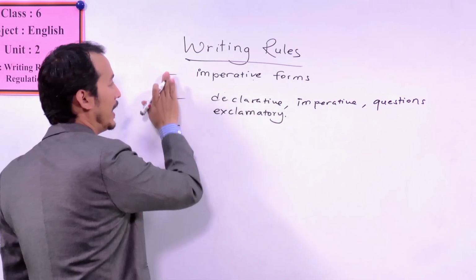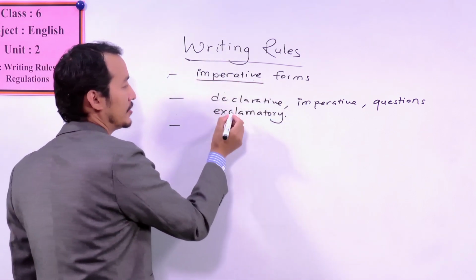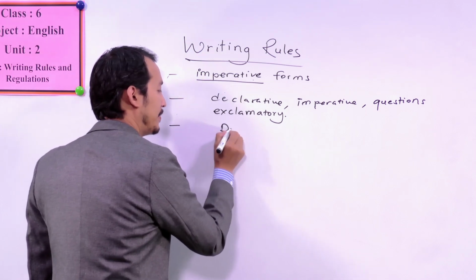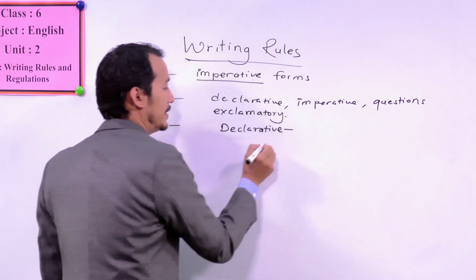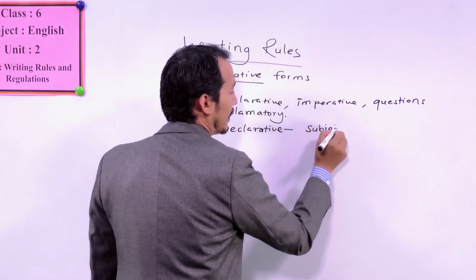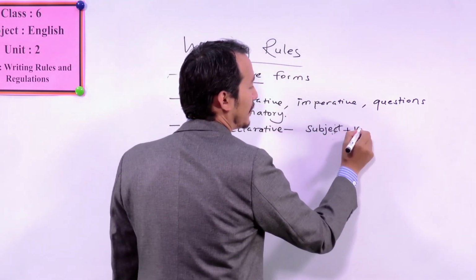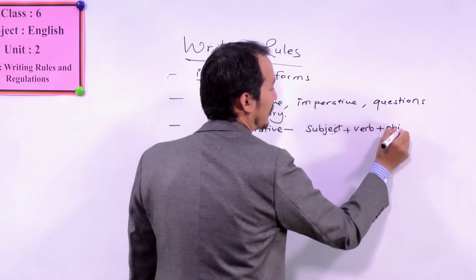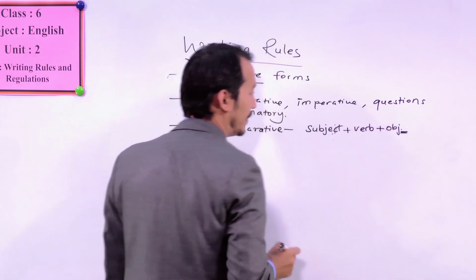I'm just giving you the idea of sentence types to tell you what is imperative. A declarative sentence has a subject at the beginning, and a verb in the middle, and then an object, and then we have a full stop at the end. Full stop is there. Okay, students?